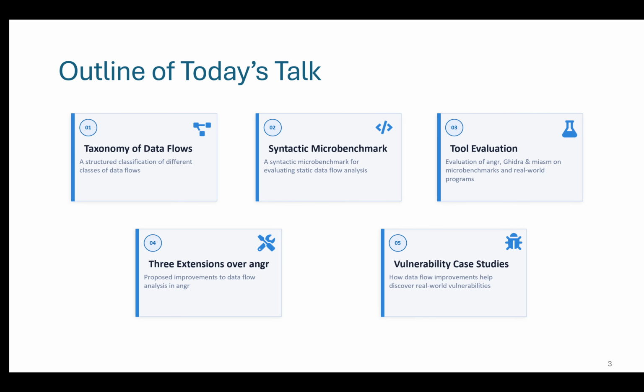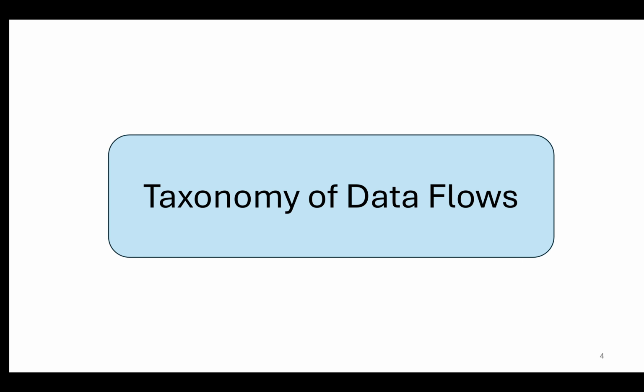Then we propose three extensions and improvements over angr. And at the end, we verify three case studies on vulnerability discovery and show how data flow improvement can help to discover real-world vulnerabilities.